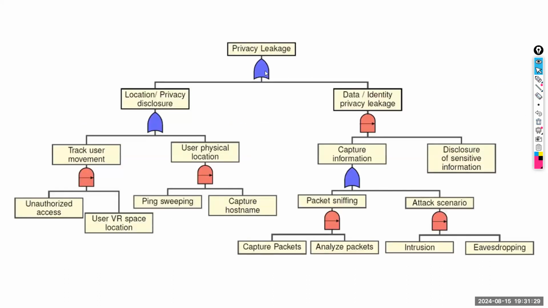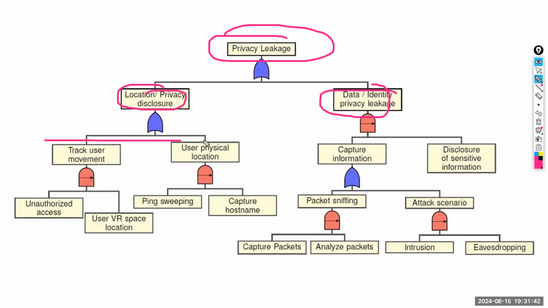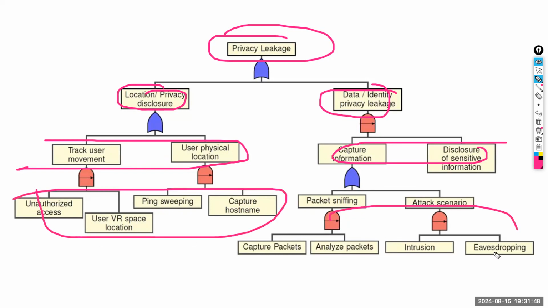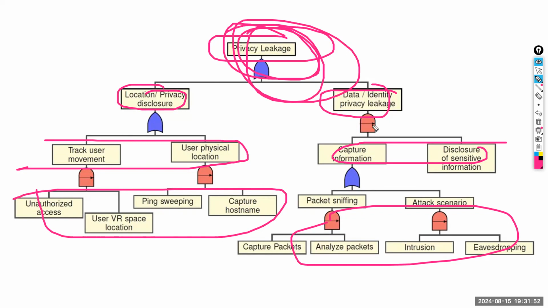Say the objective is to leak some privacy data, get some privacy data. So possible sub goals, then maybe your tactics, strategies, then maybe some specific activities. Ultimately, you want to achieve this. So when you prepare like that, we call it attack tree.